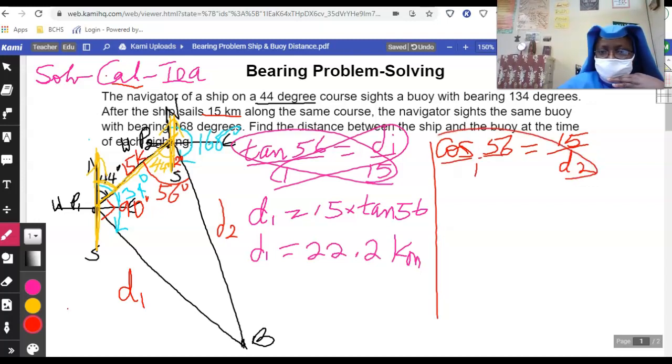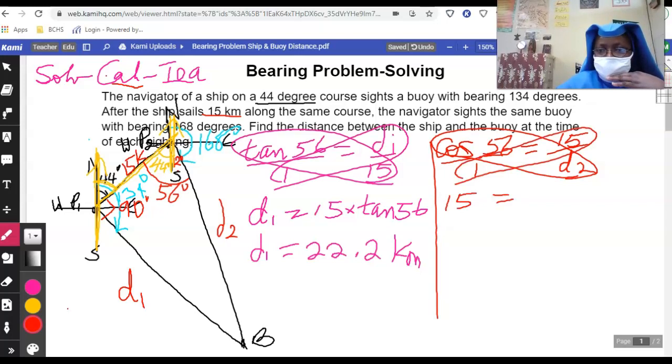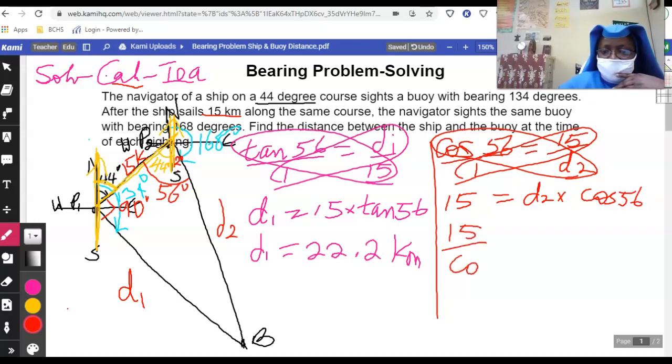If we cross multiply, we are going to have 15 equals D2 times cosine 56. So we're going to divide both sides by cosine 56. So 15 over cosine 56 equals D2.